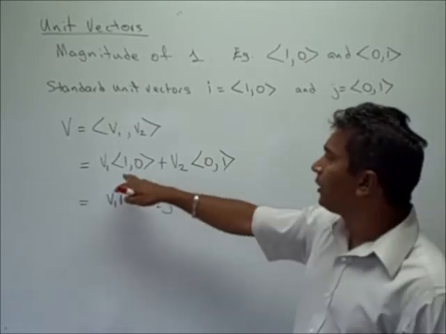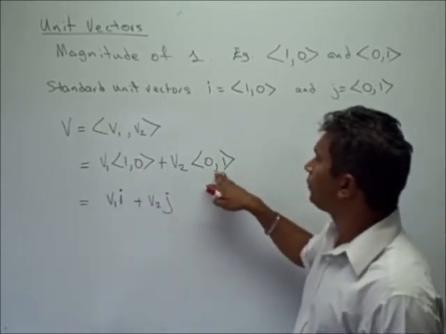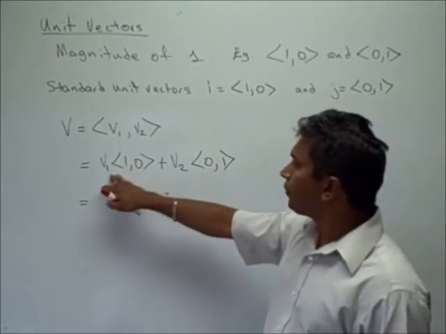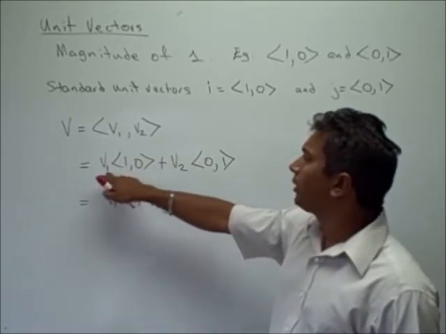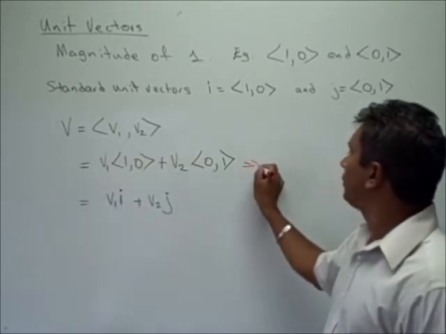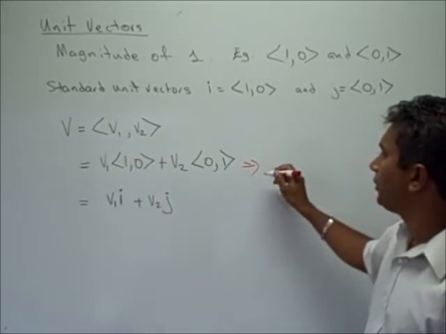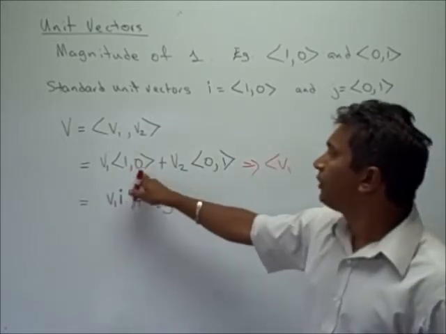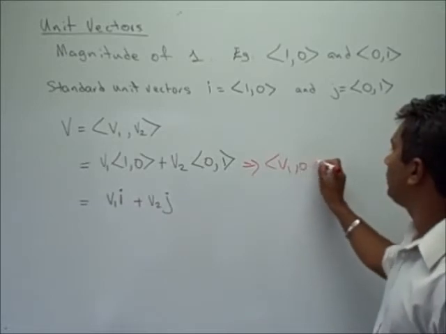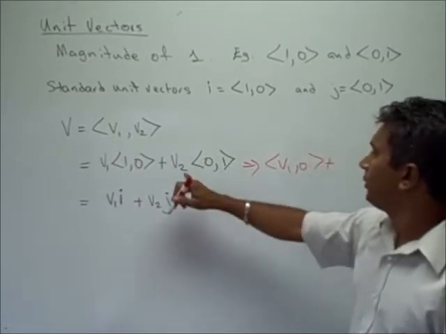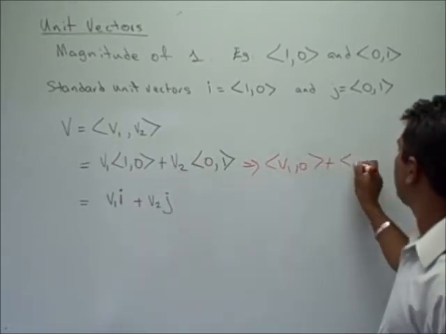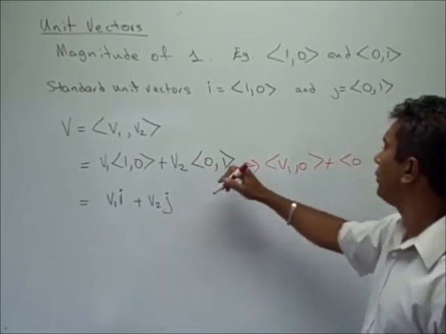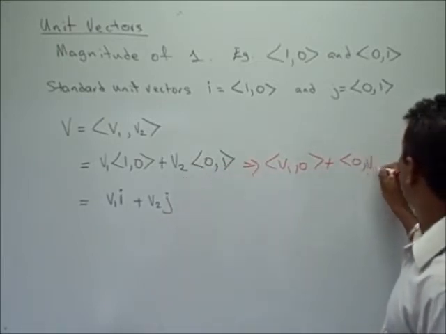And we can see that this is true because if we distribute this, we get v1 times 1, which is v1, and v1 times 0 is 0. So now we end up with this, and v2 times 0 is 0, and v2 times 1 is v2.